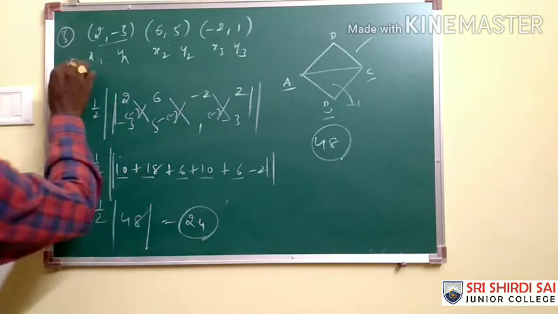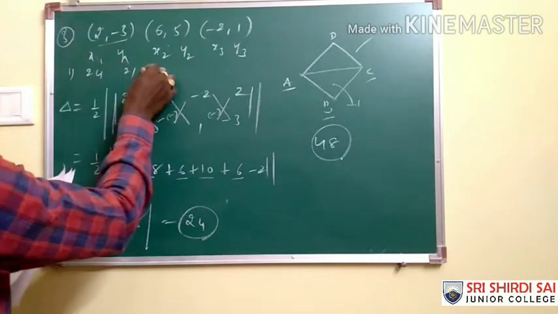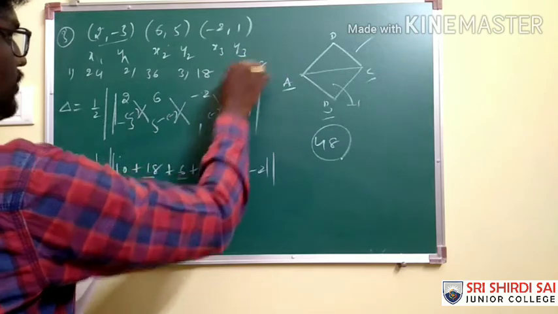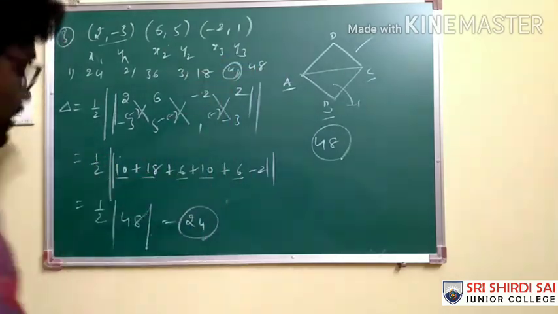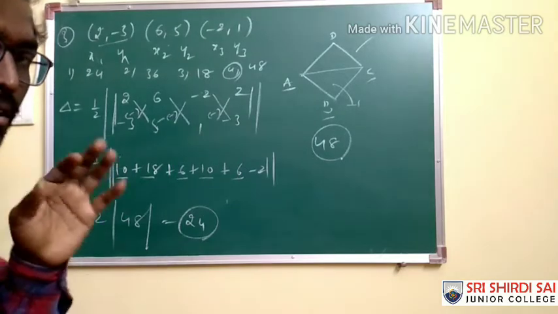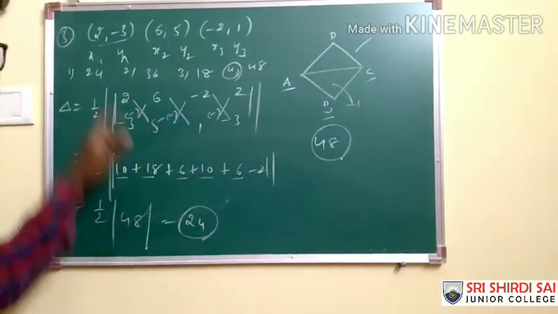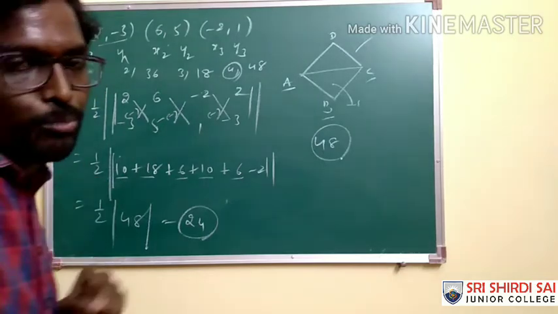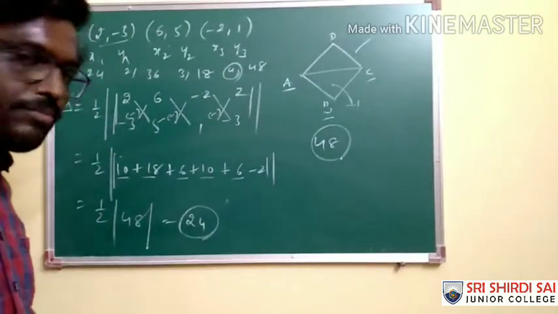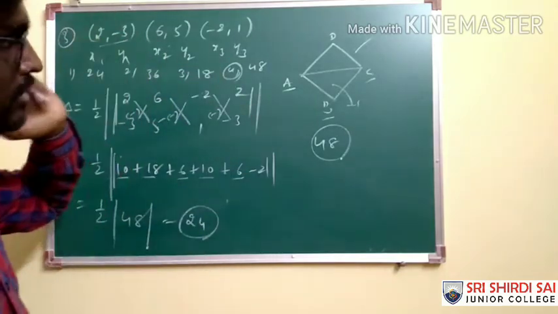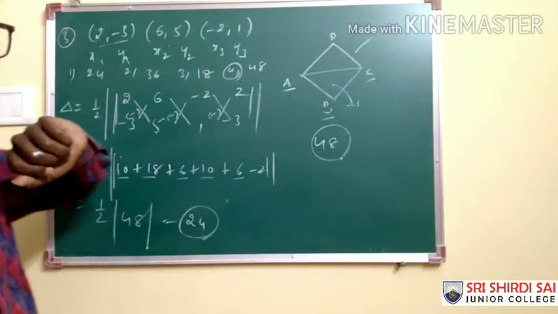The options are 24, 36, 18, 48. See, here to keep you people under confusion, this fellow gave the first option as 24. So immediately we write the area as 24 units, which is going to be wrong because we don't see that we are asked about the rhombus.